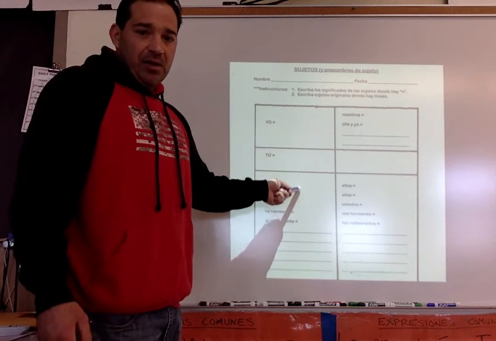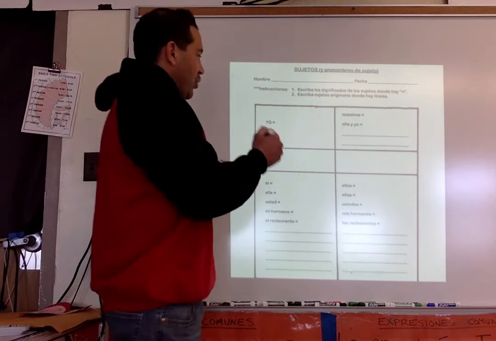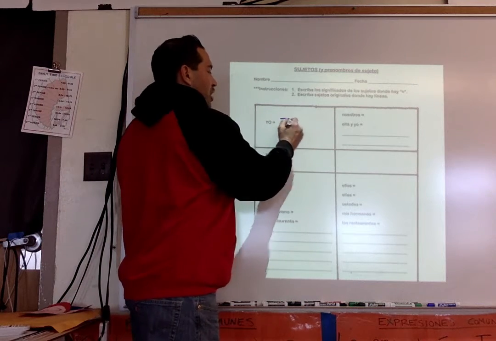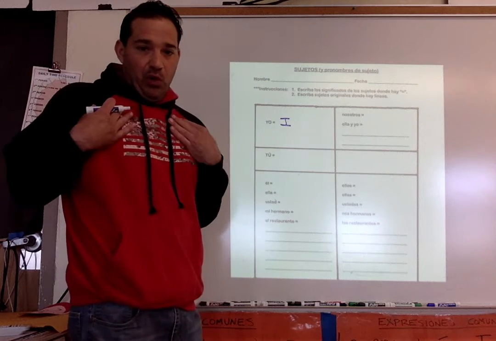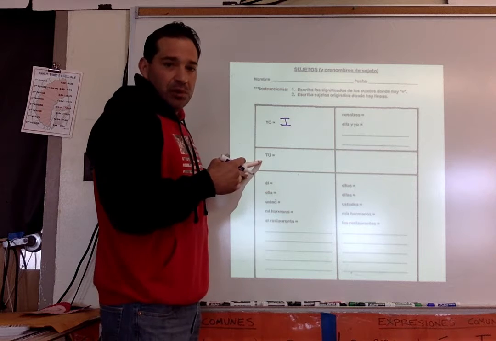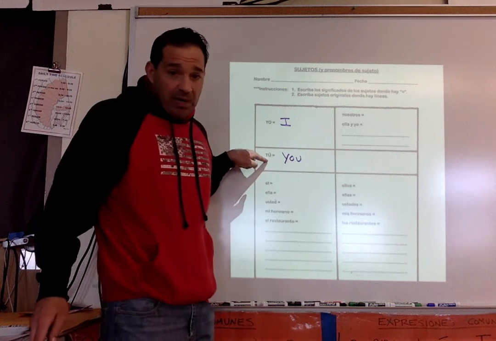This side of the subject grid is anything singular. Yo means I. Nothing else ever goes in this box. That's it, just I. Yo. Two, you. Nothing else ever goes in this box either.